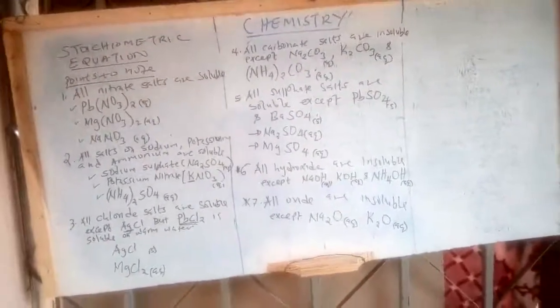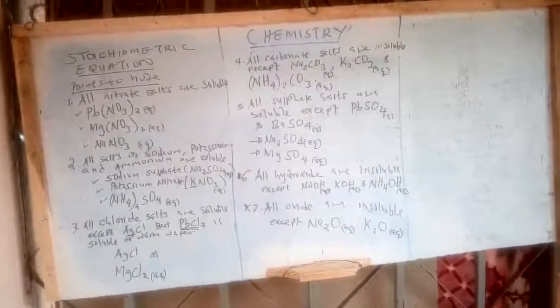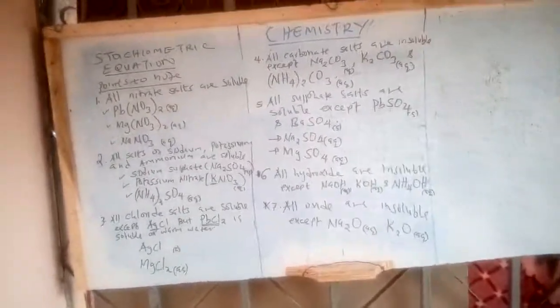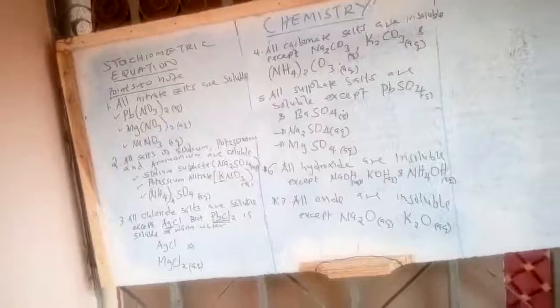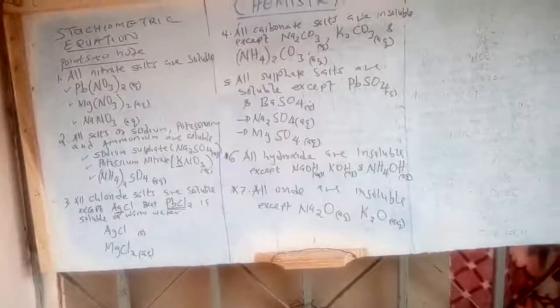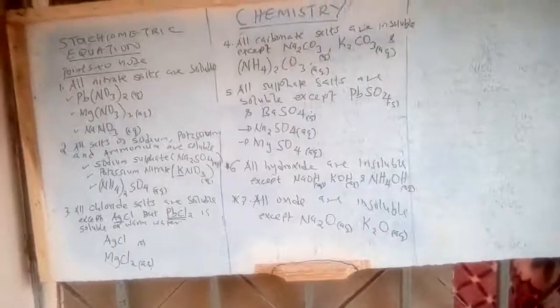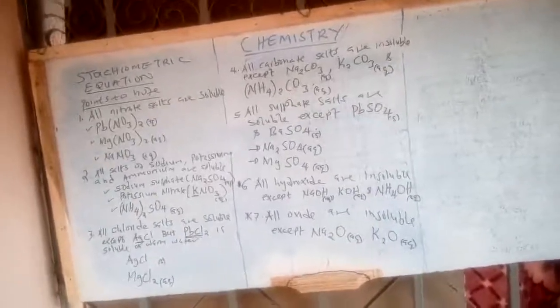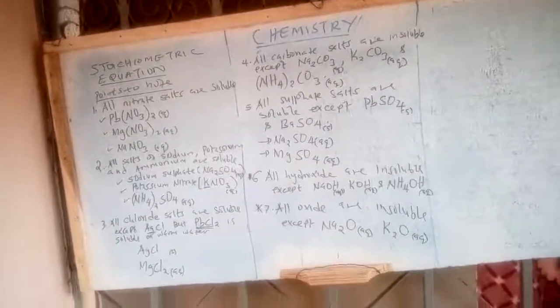We will be referring to this when we come to ionic equations, so keep in mind that you are supposed to memorize these points and understand them one after the other, so that you can have smooth progress in this topic of the mole concept.